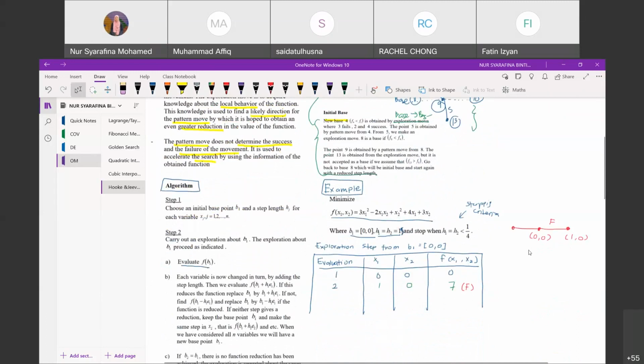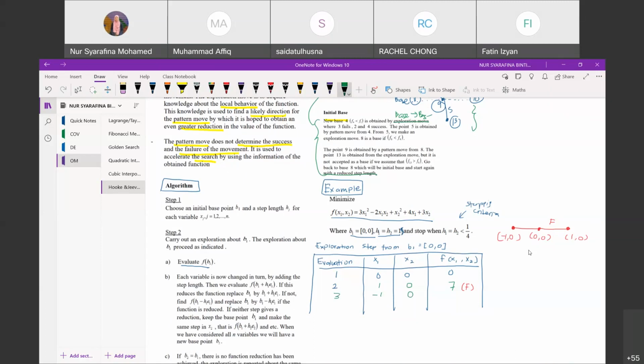What is our new point here, to the left with h equals 1? Okay, so minus 1, 0. All right, so our next evaluation is minus 1, 0.